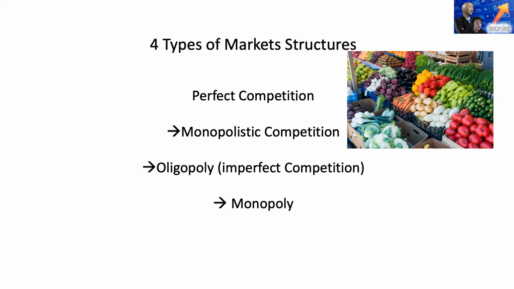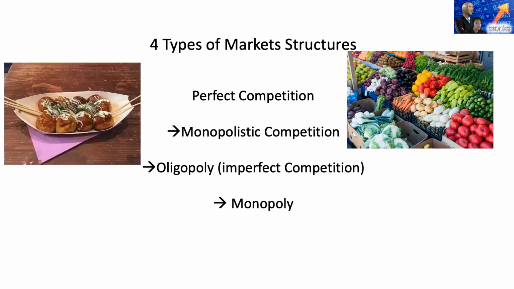And then there's monopolistic competition. It's kind of like a perfect competition market, but it has some differences, such as they produce different products, and they have different prices because they have different products. An example of that is restaurants.